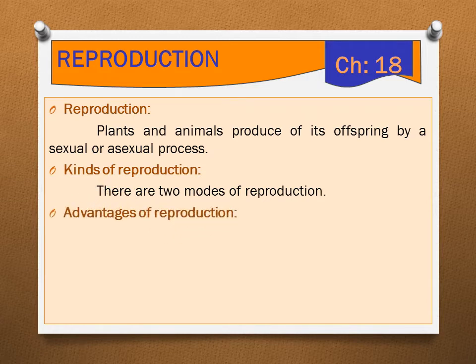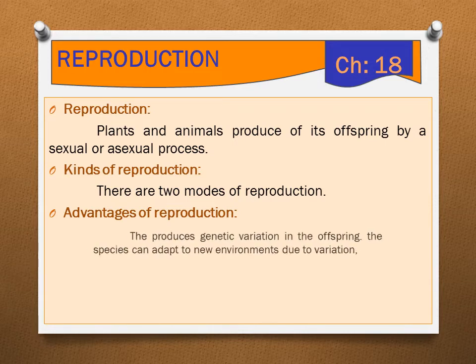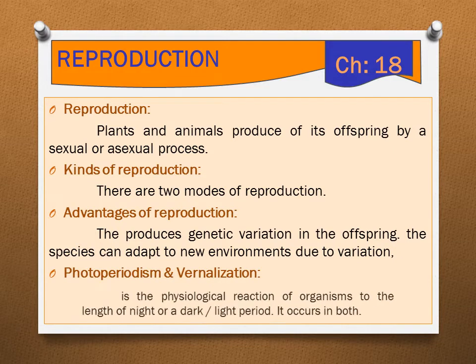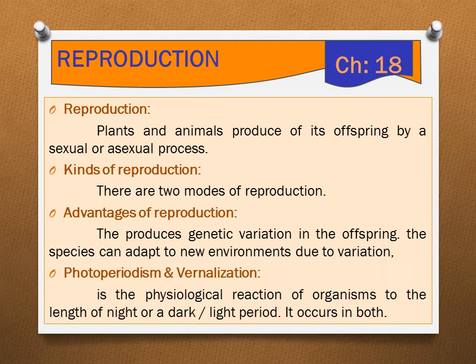In this chapter, we also study the process of photoperiodism and vernalization. In plants, photoperiod and temperature affect flowering, fruit and seed production, bud and seed dormancy, leaf fall and germination.